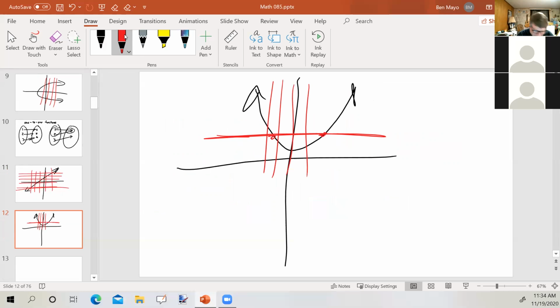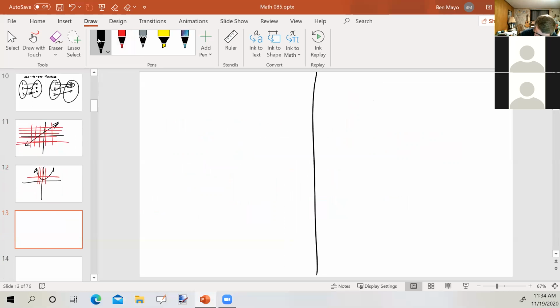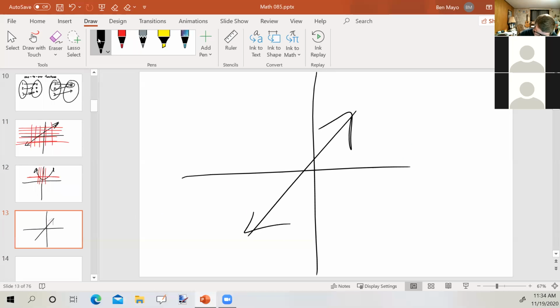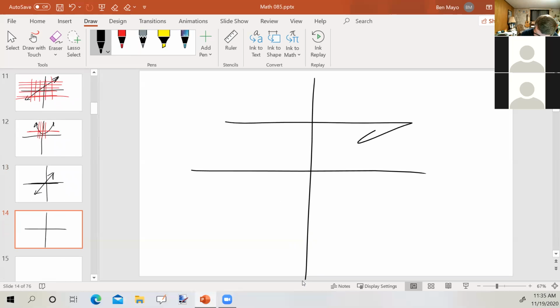Okay, linear equations, well, all of them are one-to-one functions except a horizontal line. If you've got a horizontal line, that's not a one-to-one function because it fails the horizontal line test.